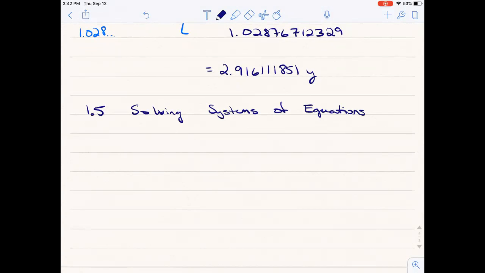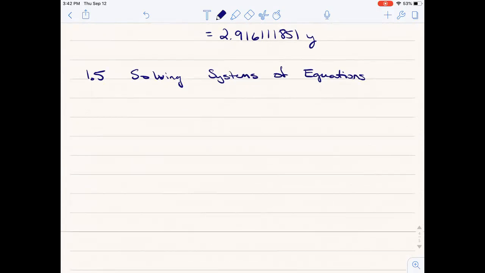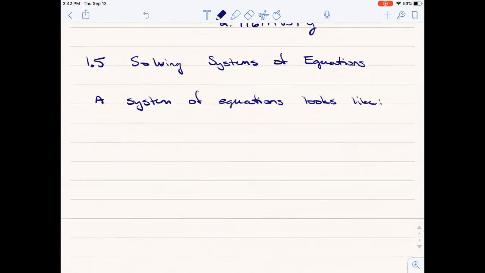So a system of equations looks like this. So a system of equations looks like maybe something like 4x plus 2y equals 8 and 2x minus y equals 7.